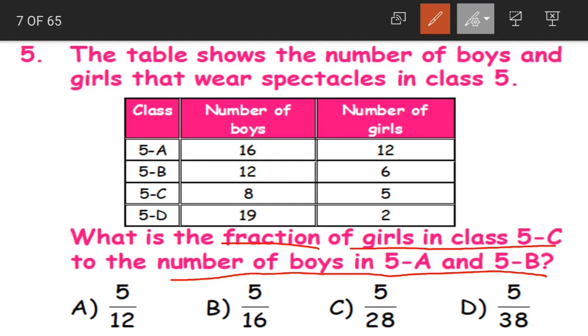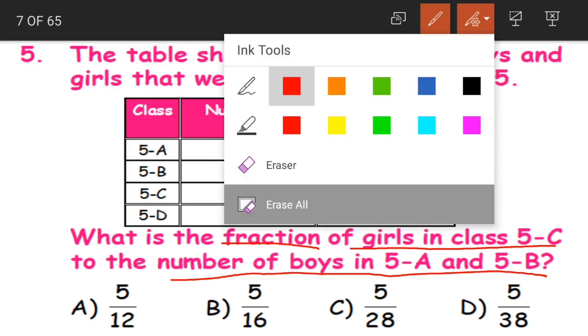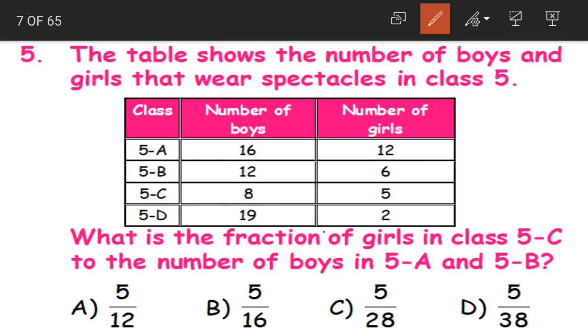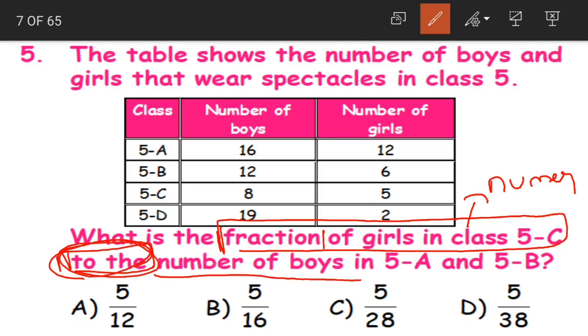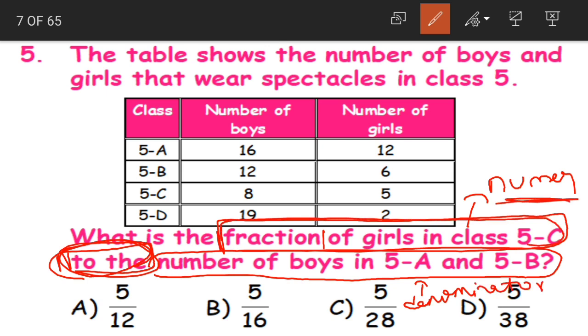Now when such a question is given, what you have to understand is the first part of the question, that is the fraction of girls in 5C, will be our numerator. Then the sentence that comes after this, that is the number of boys in 5A and 5B, will be our denominator children.